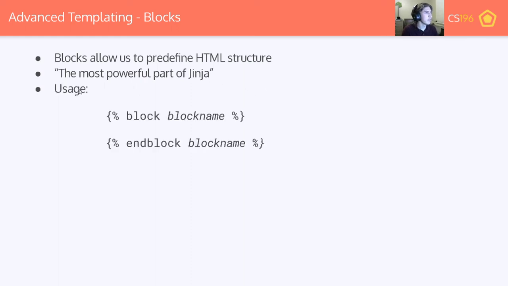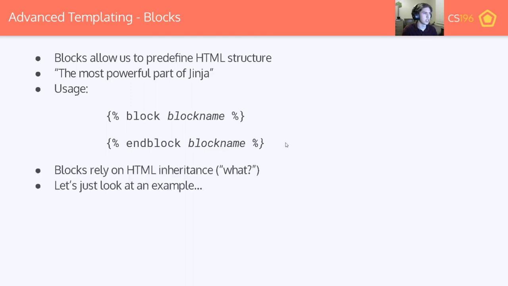So let's look briefly at how this is used in these HTML documents. Once again, we have these curly brace percent signs. We have block, block name, and end block, block name. One quick note is you don't actually technically have to have the block name on the end block. That part is optional. However, it is very good practice, and I very much do suggest that you have it.